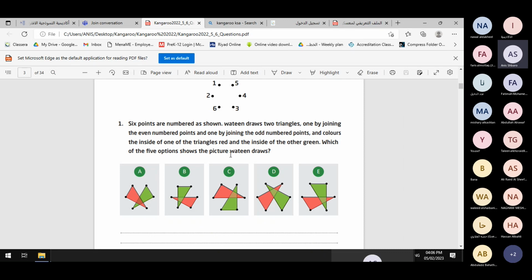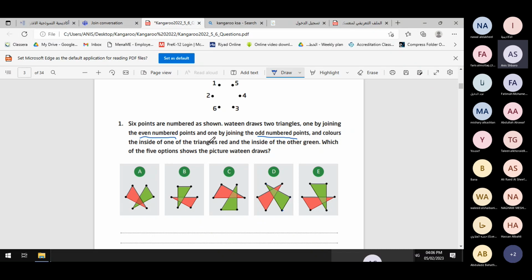Okay, guys. So first of all, this one is so easy. I'm going to explain it briefly. Of course, we're going to deal with odd numbers and even numbers. So we know that those are the vertices of a triangle. The vertices, as you can see here in this choice, this is a vertex, this one is a vertex, and this one is a vertex.